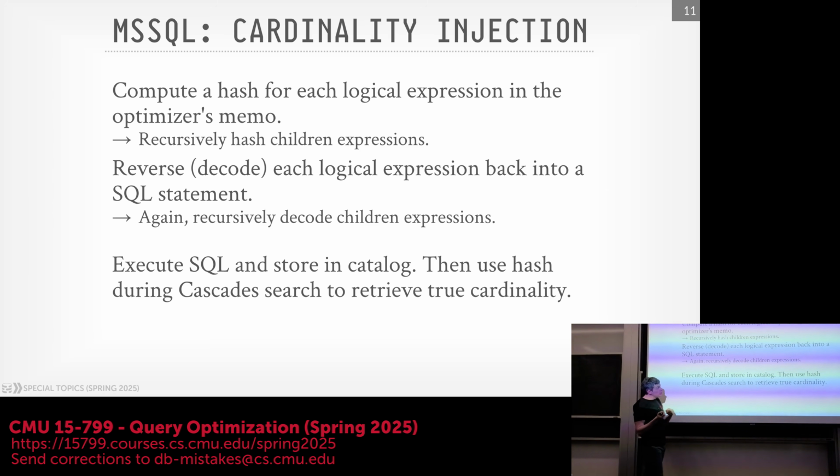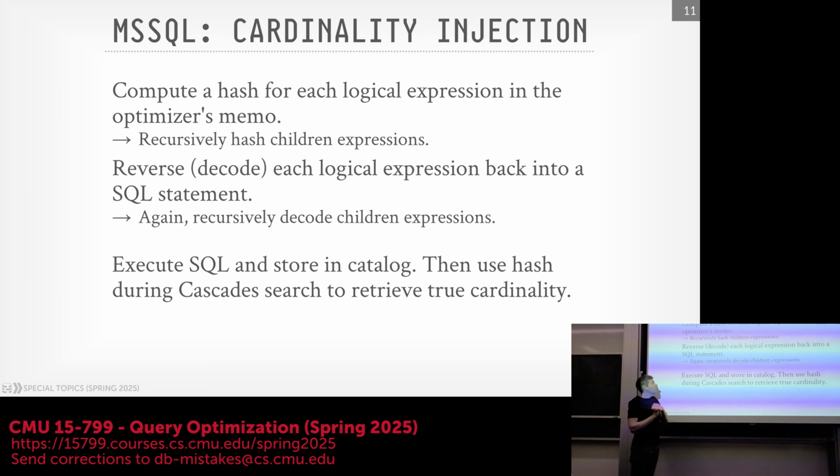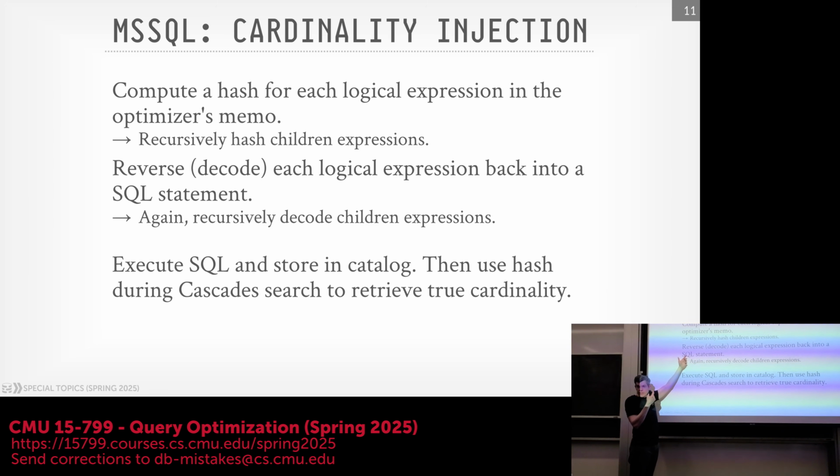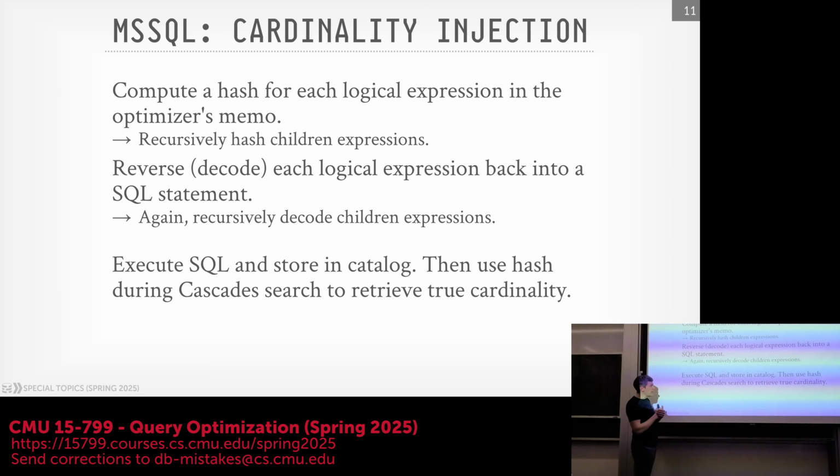And that's going to allow you to uniquely identify it later on when you want to inject the cardinality. Then what they're going to do is take all the logical expressions and basically do reverse parsing, or reverse it back into SQL. And this seems kind of weird, right? Because it isn't always a one-to-one correspondence between what's in a logical expression versus what the SQL keywords are. But they claim it works.